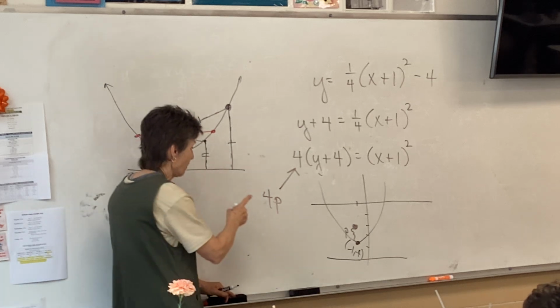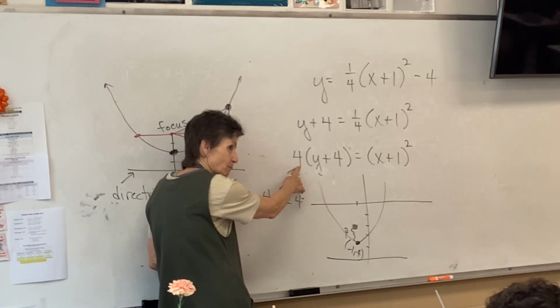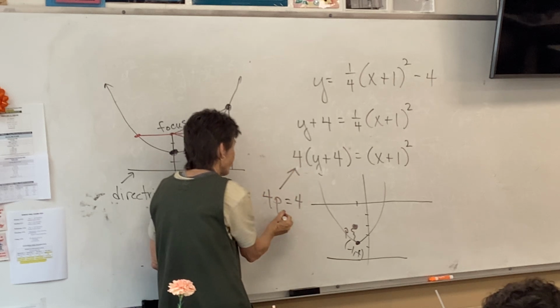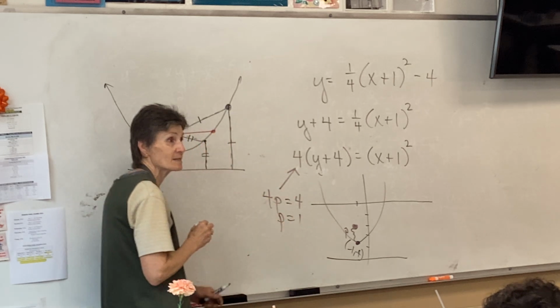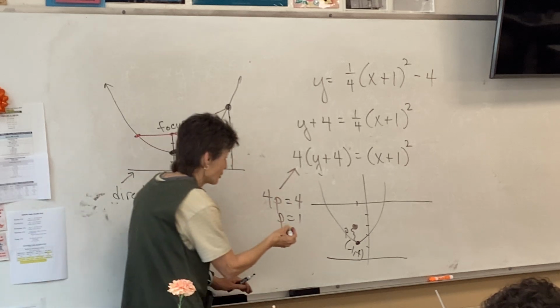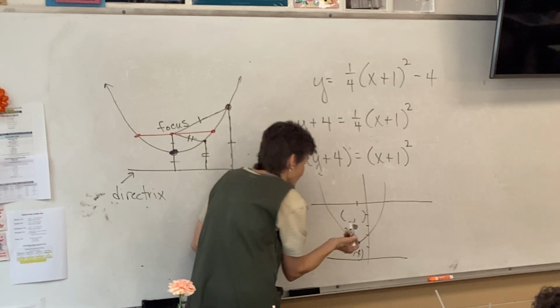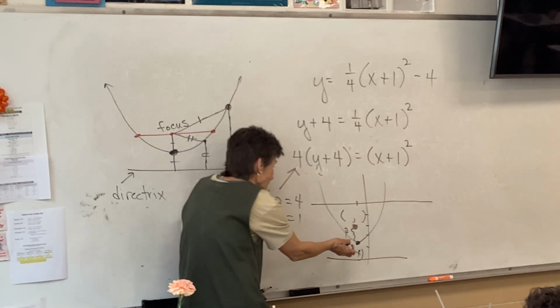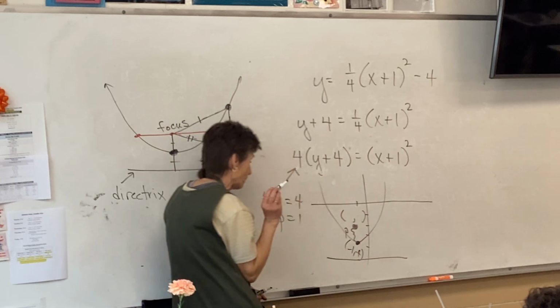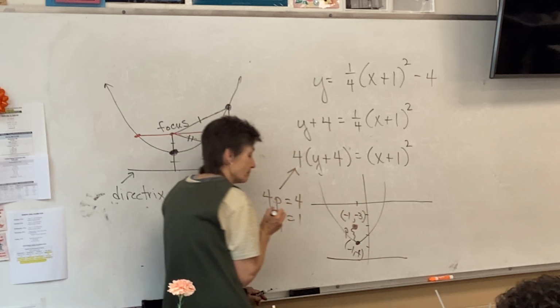So in our problem, 4P is 4. That won't always be 4, that could be a different number. But 4P is 4, which means P is 1. So I'm going to start right here and go up 1. So where will my focus be if I go straight up 1 from that point? -1, -3.